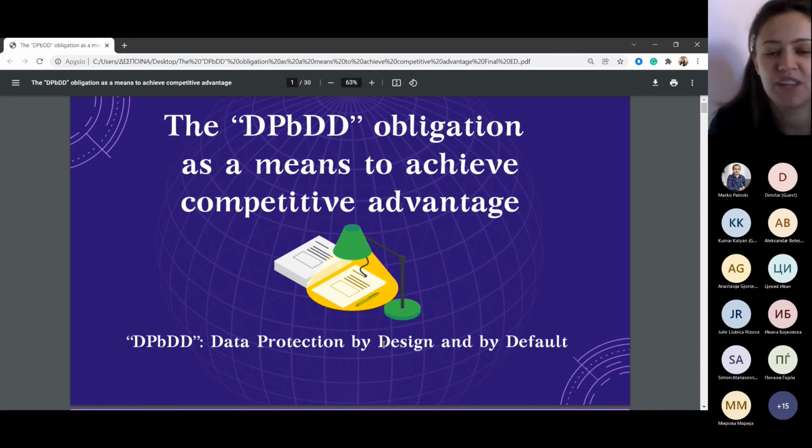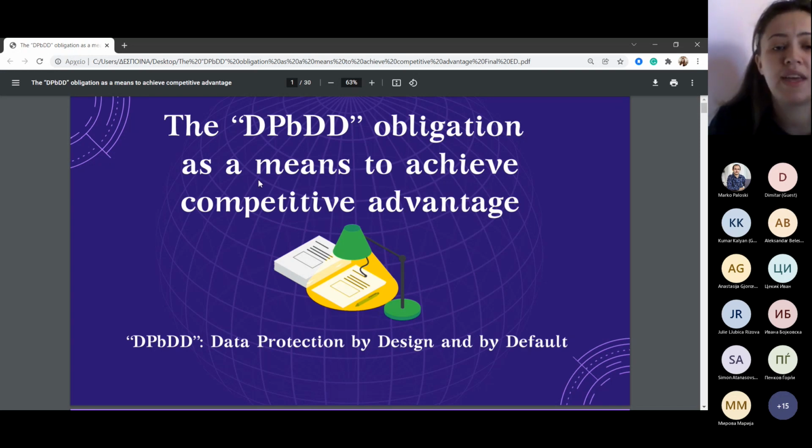So DPbDD stands for Data Protection by Design and by Default. I suppose that some of you must be somewhat familiar with this when it comes to technological or organizational measures that should be taken on the part of the controller, on the part of the IT processor, in order to be compliant with GDPR rules or any other privacy set of regulations.